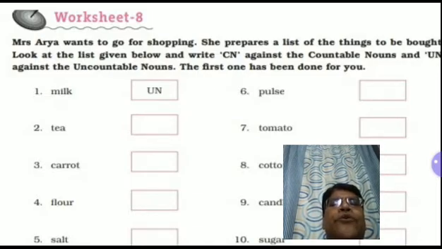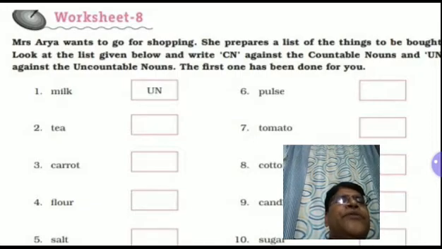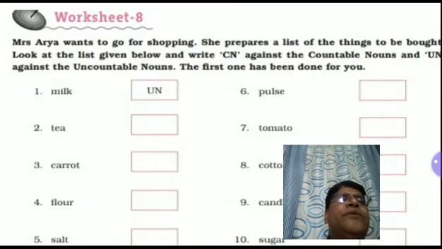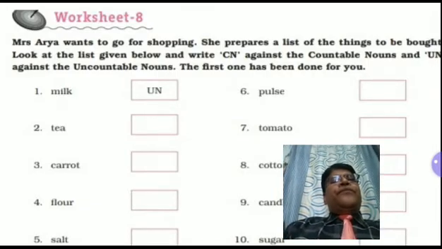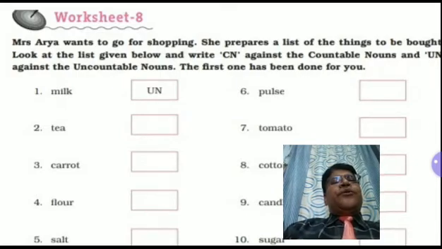Salt. You know it. This is again an uncountable noun. That's why you have to write UN. Pulse, again an uncountable noun. So you have to put UN here in this box.